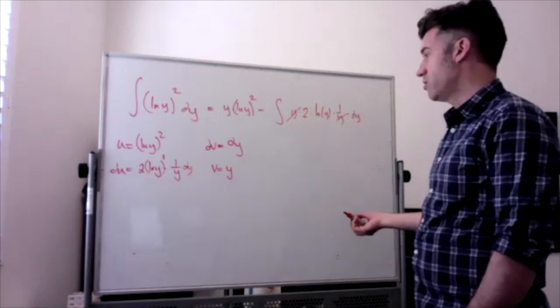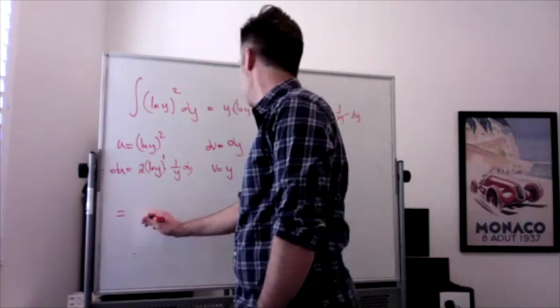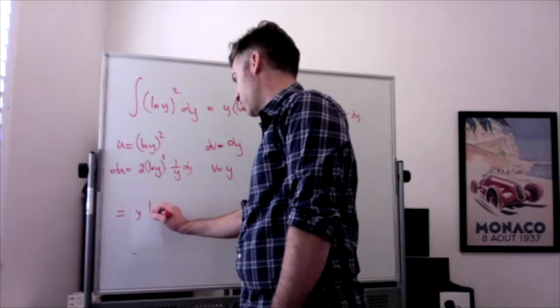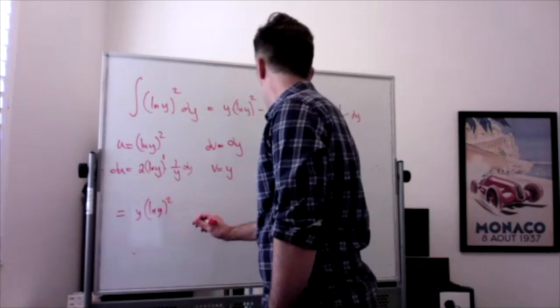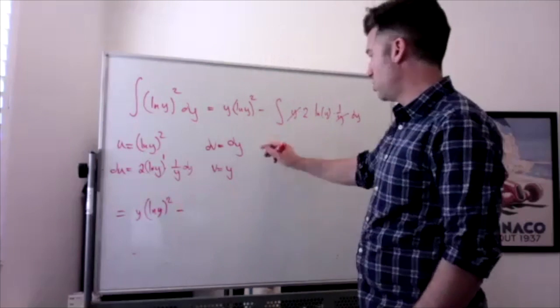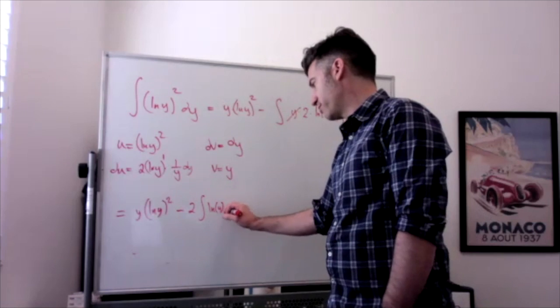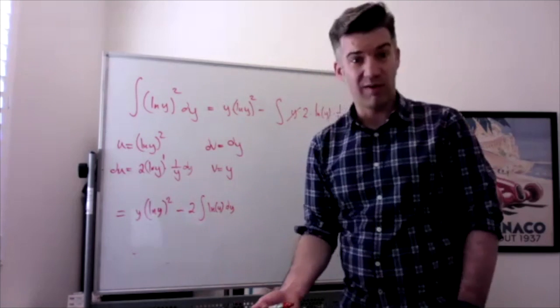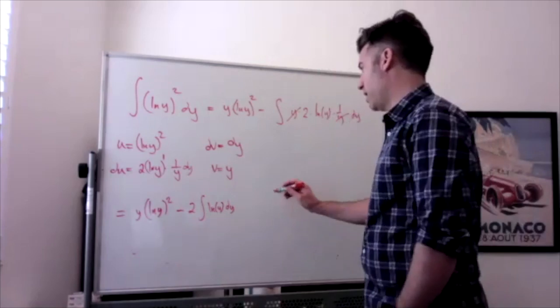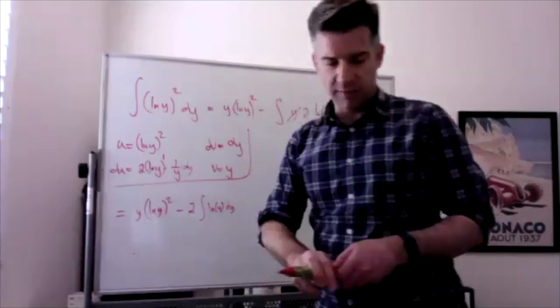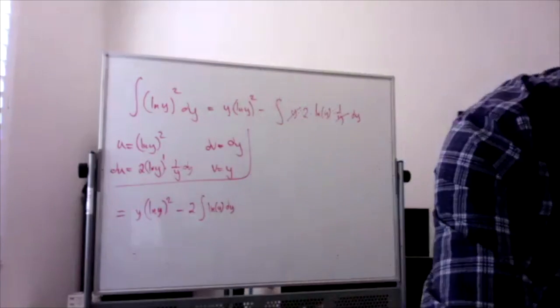So now what I've got so far is y times natural log of y squared minus, I'm going to bring out the 2, times the integral of the natural log of y. And then we have to use integration by parts again. So now we use different colors to differentiate between them.